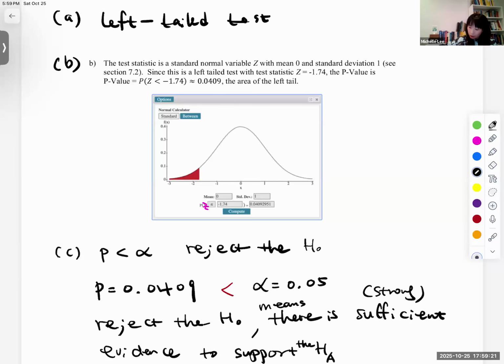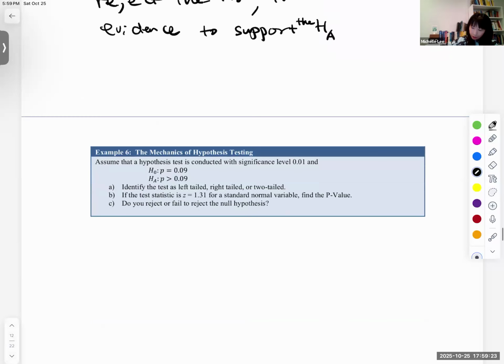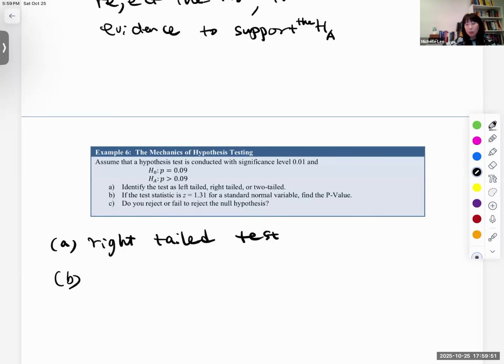All right, so let us do the second question. We have this hypothesis test. Let's answer the first one. We have the inequality pointing to the right side, so it's a right tail test. For the second one, let me bring the StatCrunch picture from your textbook.